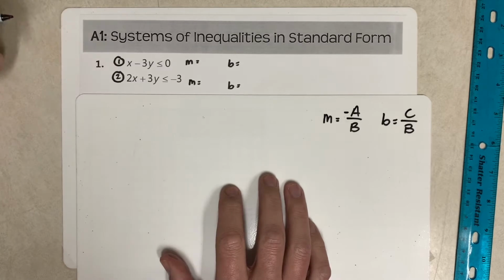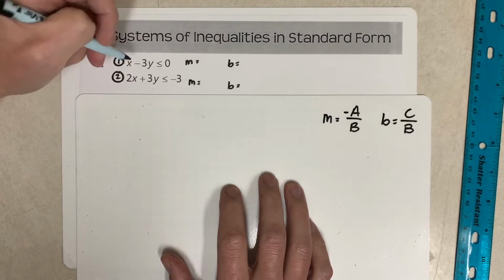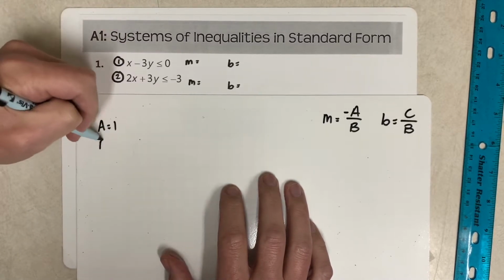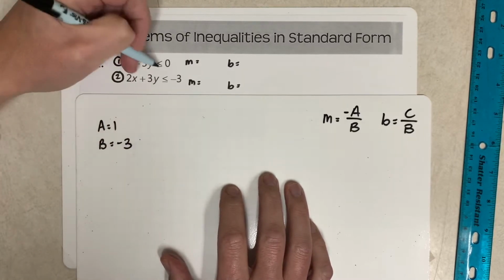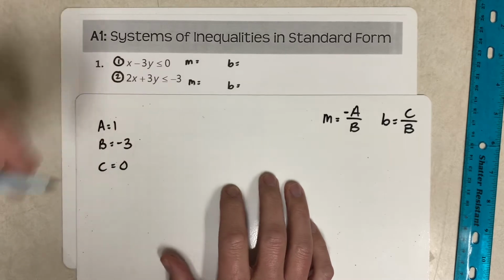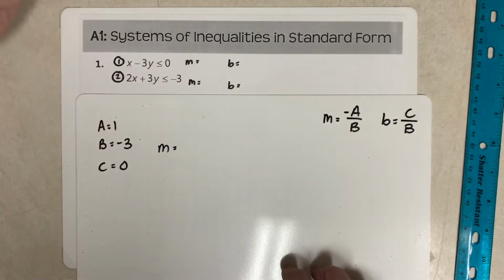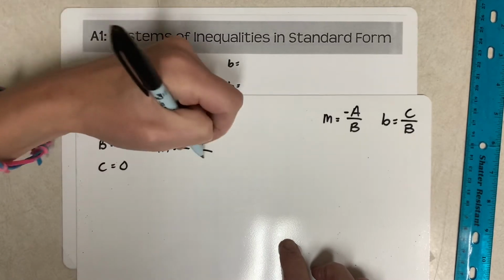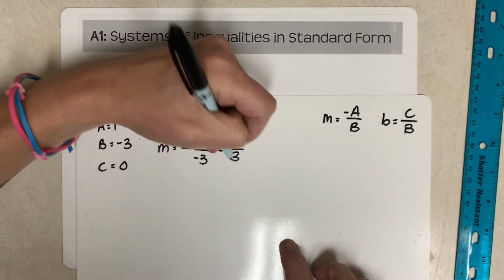So for inequality number one, the boundary line has an a value of 1, a b value of -3, and a c value of 0. That tells me my slope is going to be -1 over -3, which simplifies to +1/3.